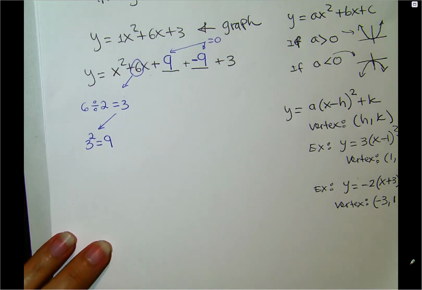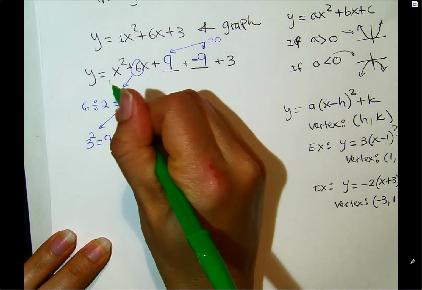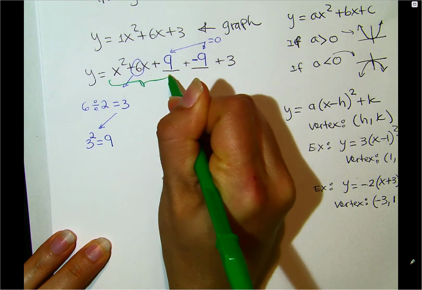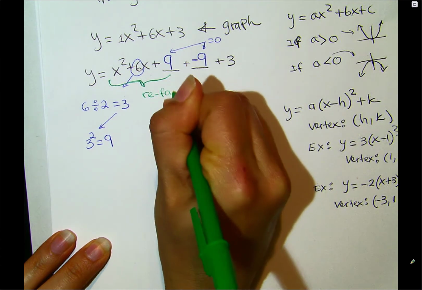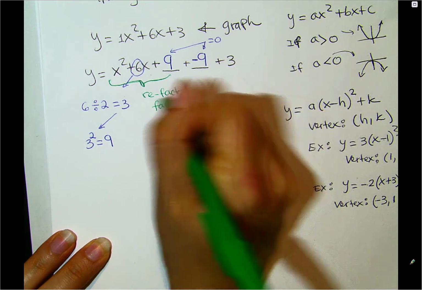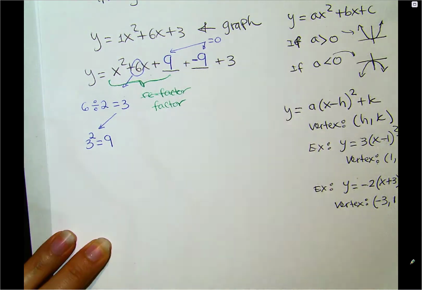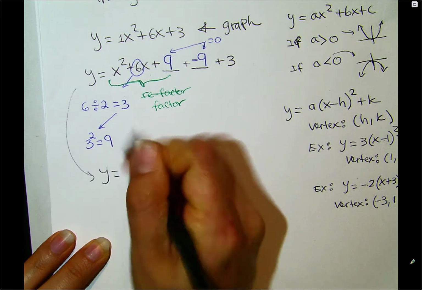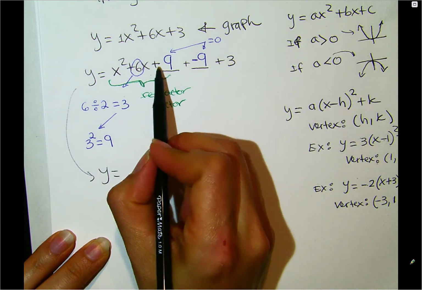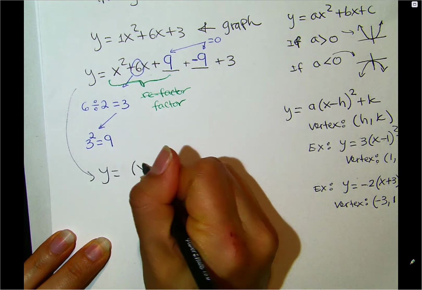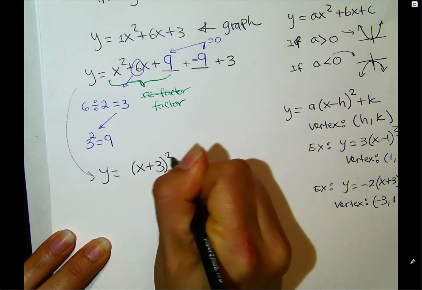But the reason I do this is because now I want to focus on these first 3 terms, and I want to refactor, or factor, I guess. It wasn't factored to begin with, so we're just going to factor. And so I'm going to have y equals, what two numbers multiply to positive 9 and add up to 6? Well, it's 3 and 3, so this is going to be (x plus 3) squared, right?